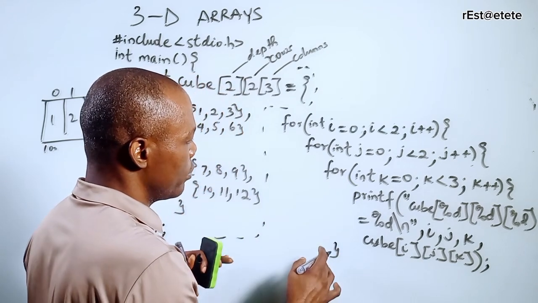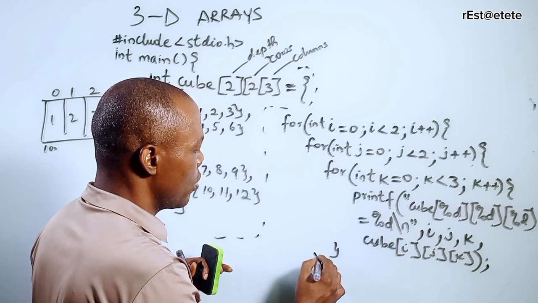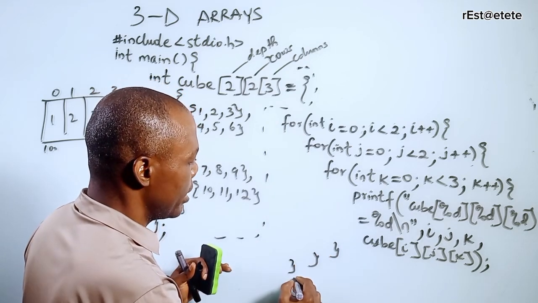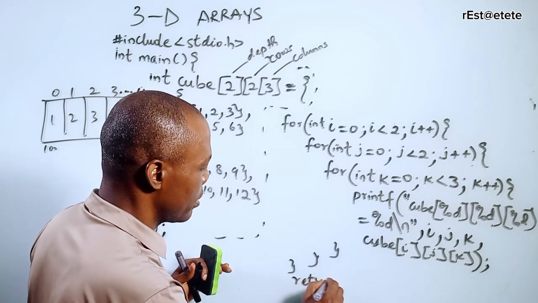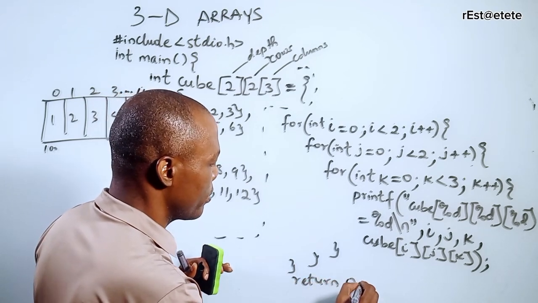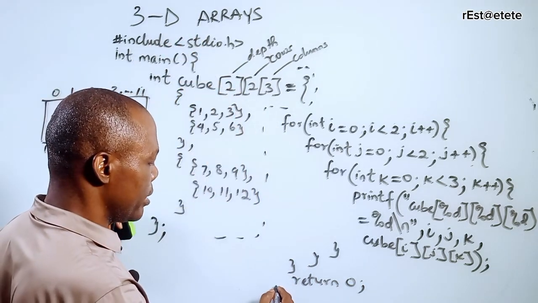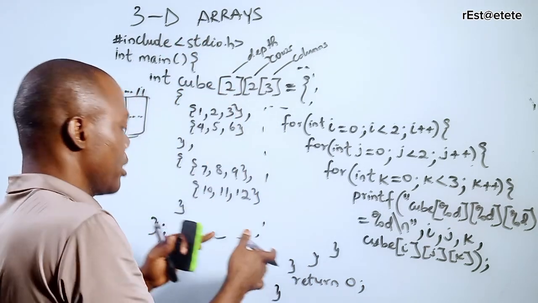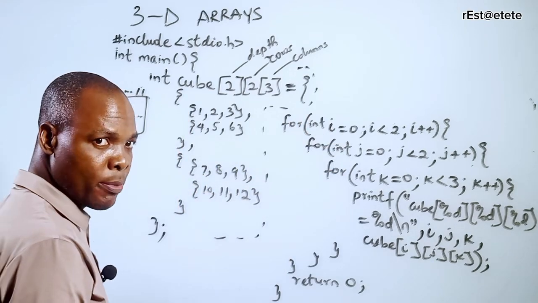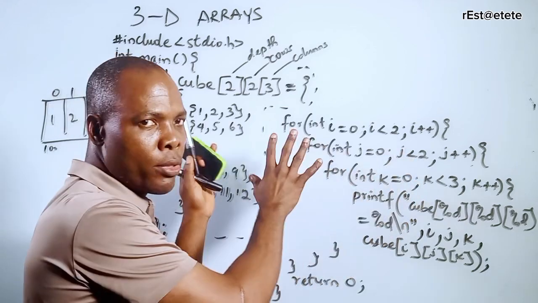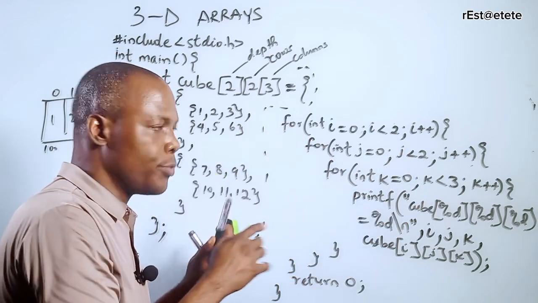For this for loop, we'll end it here. For this for loop, we'll end it here. Then I'll say return 0. Then for main, we are going to end it here. Because of space, that's why I'm writing it here. So this is our program that is going to run.